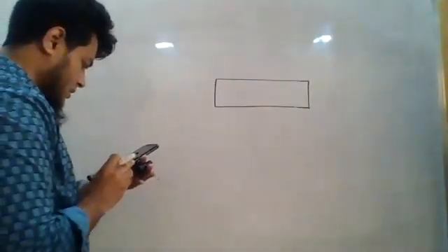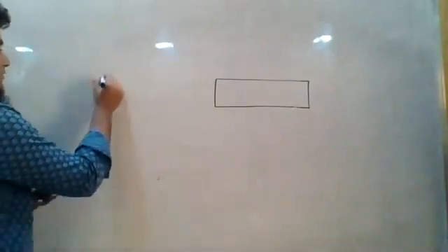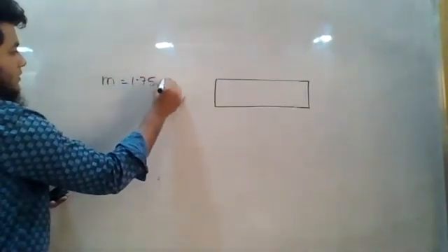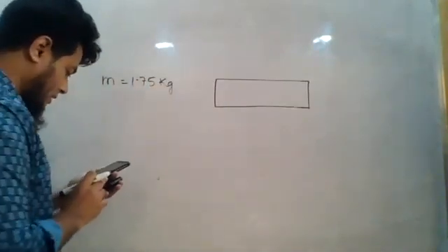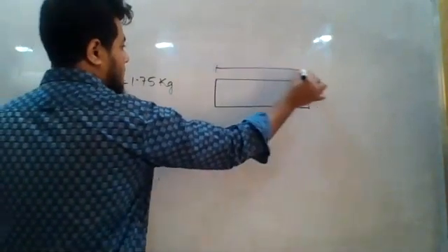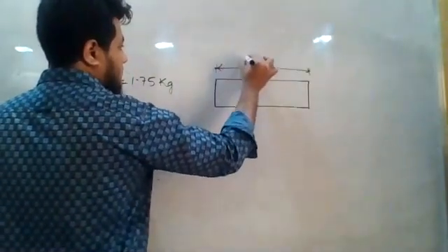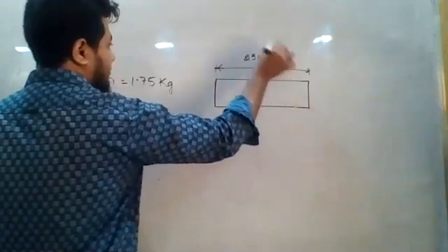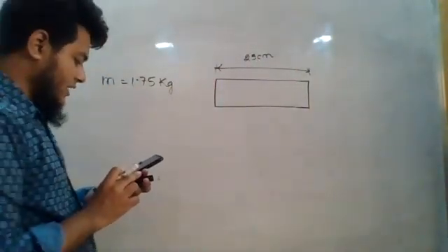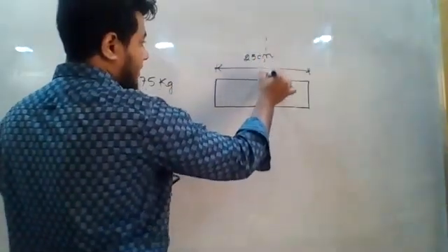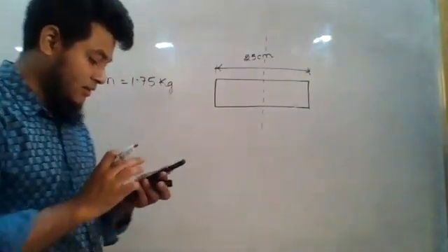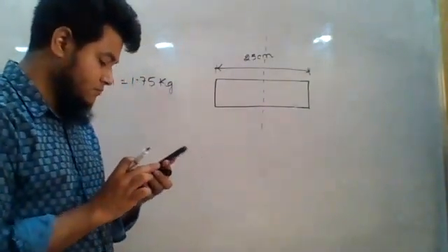Of mass 1.75 kg, and total length 25 centimeter, is rotating around the central axis. Central axis means the axis passes through the center or at the middle point of the rod.